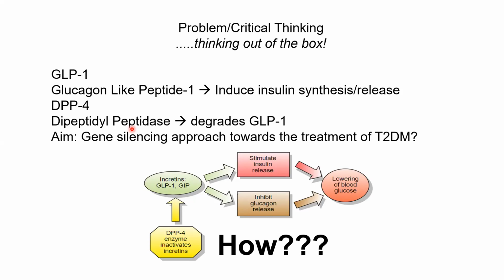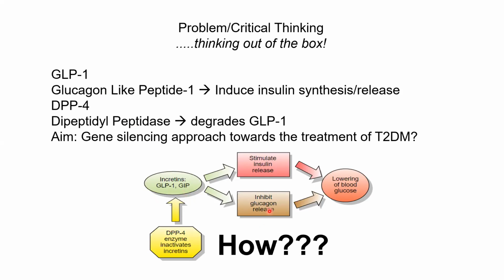In case of type 2 diabetes mellitus, using RNAi technology, is there any possibility that we can have a treatment of type 2 diabetes mellitus? You see, incretins, GLP-1, and then there's another protein, GIP. They inhibit the glucagon release.